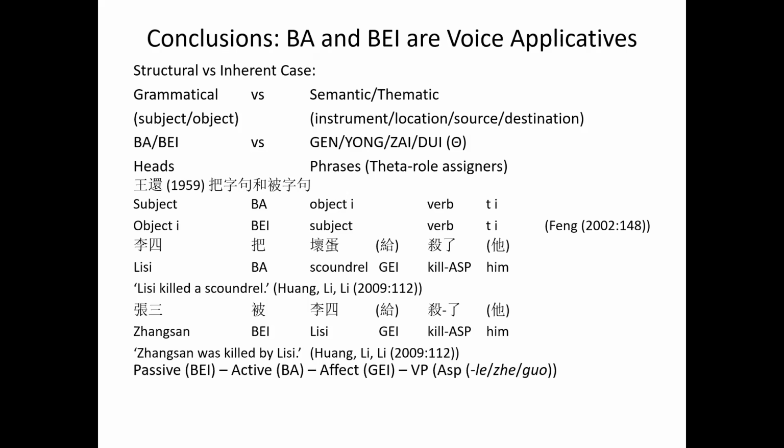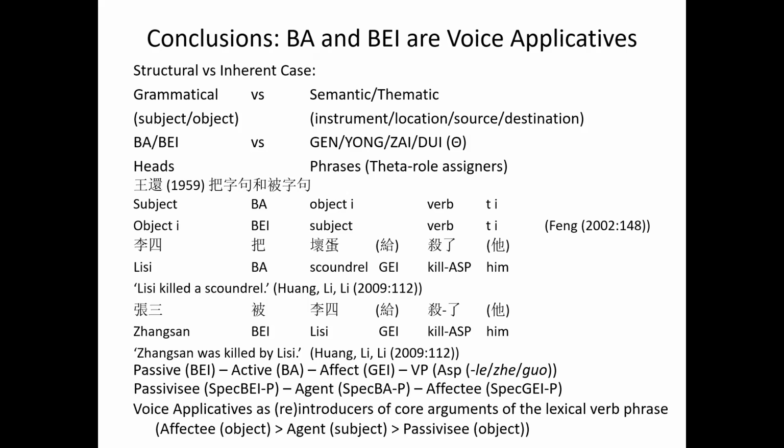The cartographic arrangement, which we saw on the previous slide, is Bei, Ba, Gei: passive, active, and affect above the lexical verb phrase. These light verb heads introduce these three arguments, respectively: the affectee, the agent, and the passive agent. And the voice applicatives in Chinese, the derivational structure is that they seem to reintroduce core arguments of the lexical verb phrase in their specifiers.